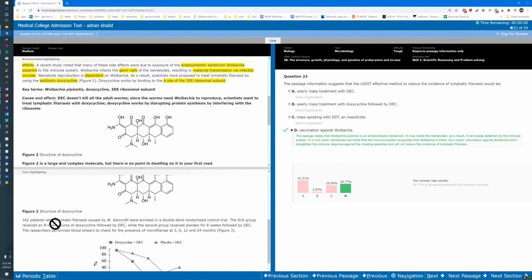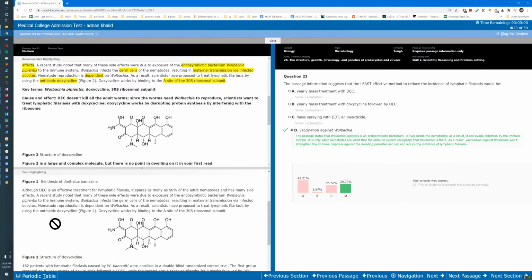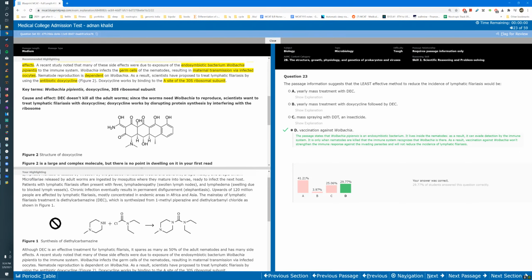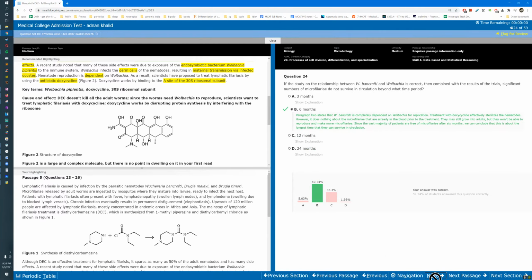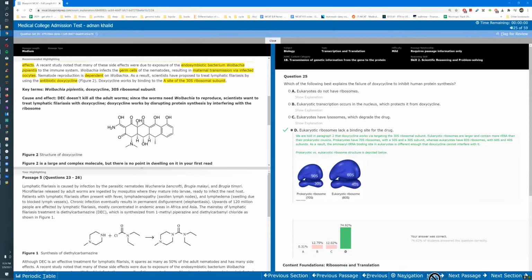So if you're vaccinated for the bacteria, it won't do anything, because it's the nematodes that cause this disease over here. So, yeah, that's not gonna really work. I guess on that one I didn't have time.